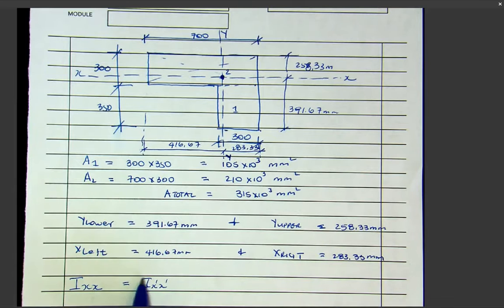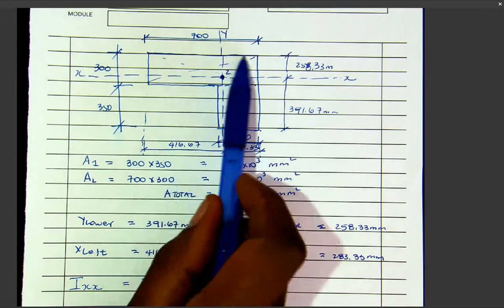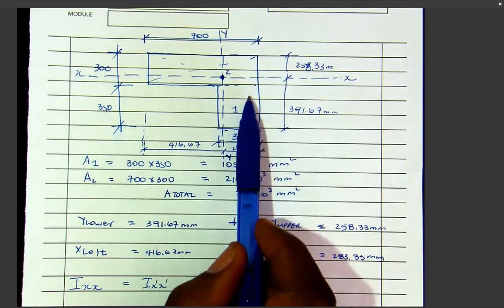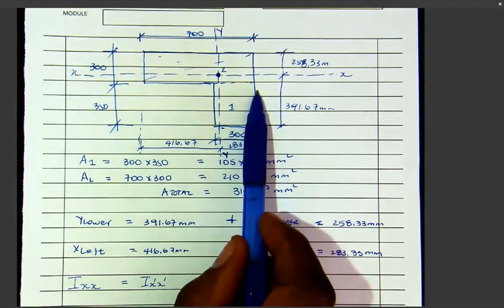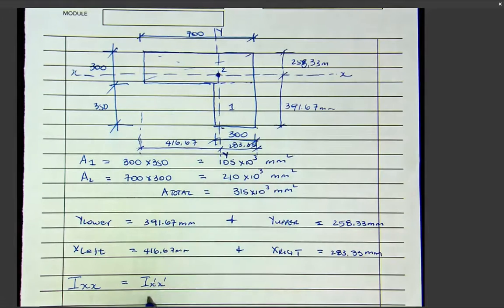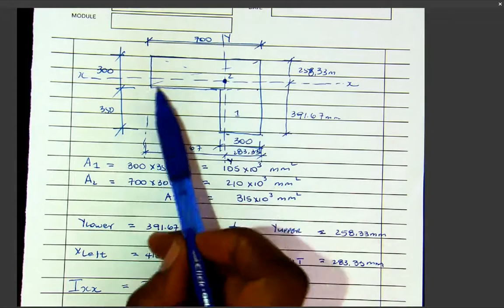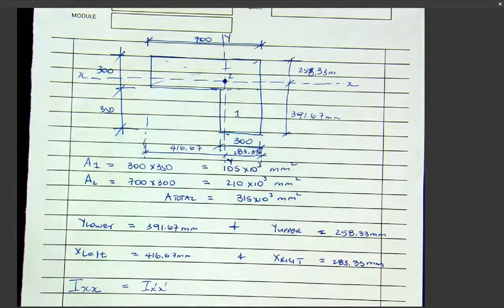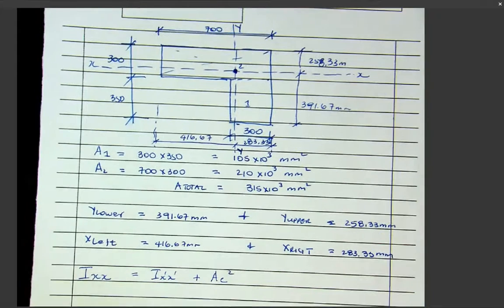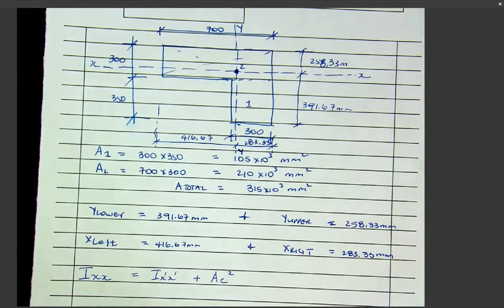It is Ixx for the individual section. So we've got two sections here. Area 2, section 2, you've got section 1 here. So it's Ixx for section 1 if I'm focusing on that, and Ixx for section 2 if I'm focusing on area number 2, plus AC squared. That is the formula to calculate Ixx for the entire section.